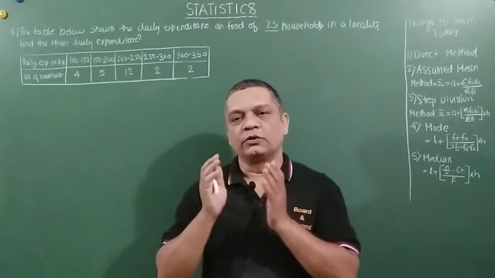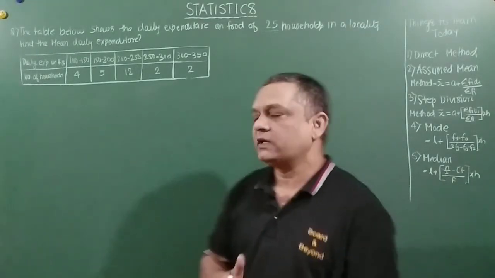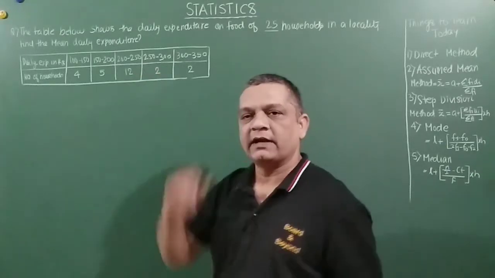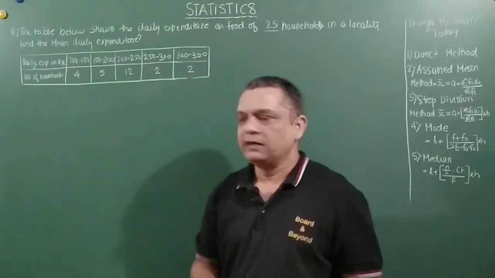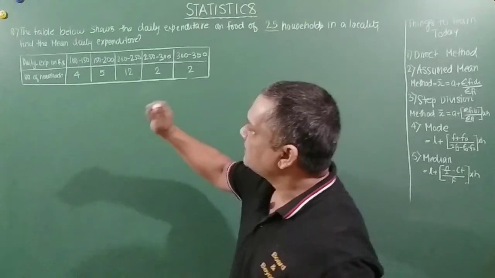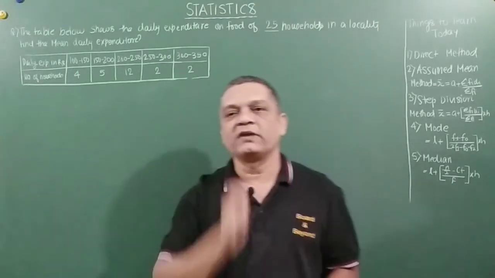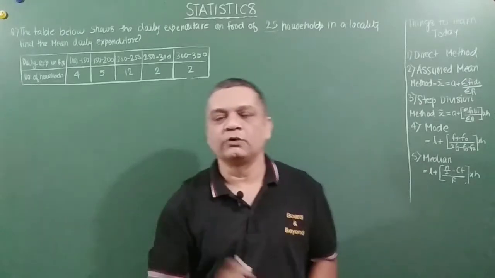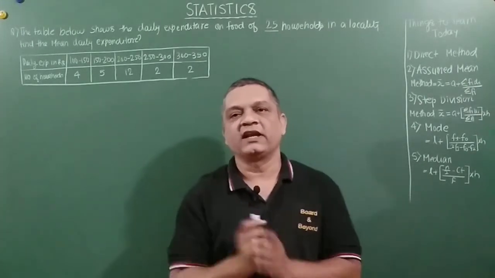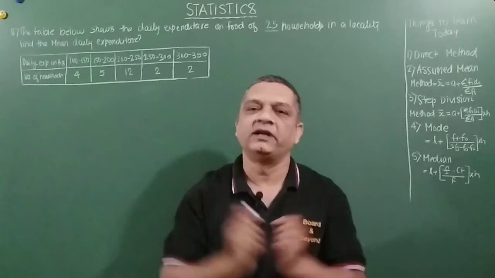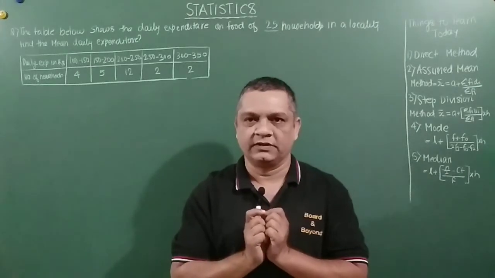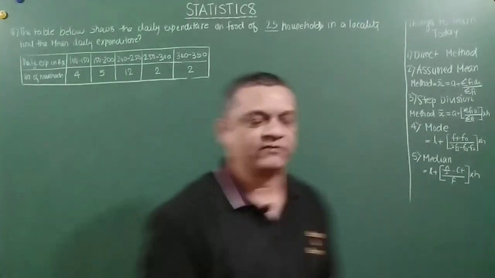To make it quick, I have already written a question on the board. The question says the table shown below gives the daily expenditure on food for 25 households. We are expected to find the mean daily expenditure for these households. So let's start doing it, friends.